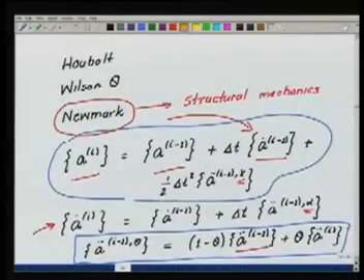Okay. So let us now look at an implementation, in a generic way, of this approach. Okay.